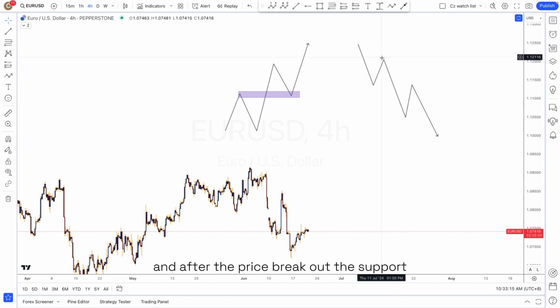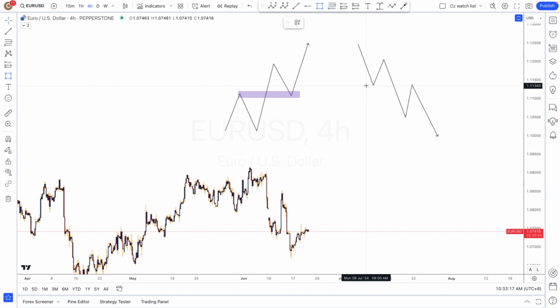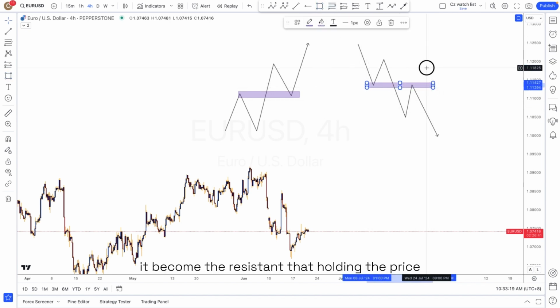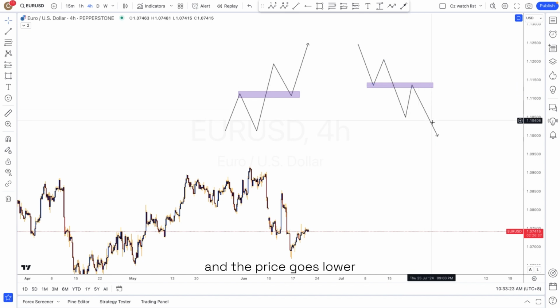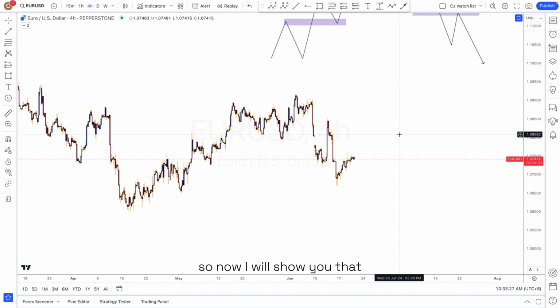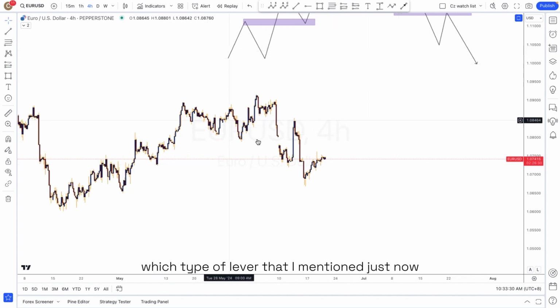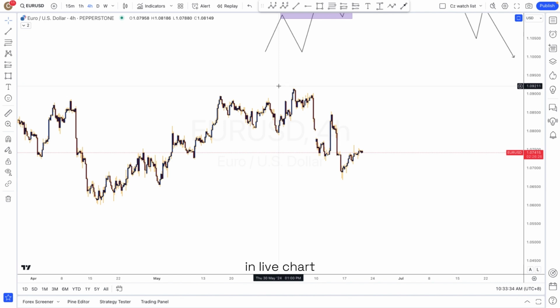And after the price breaks out the support, it becomes the resistance that holds the price, and the price goes lower. So now I will show you which type of level I mentioned just now on a live chart.